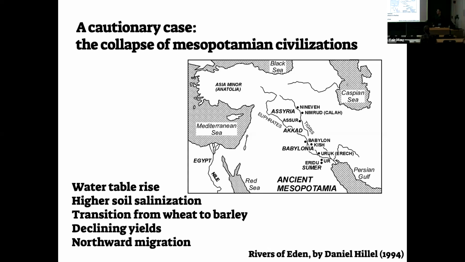Over time, the water table where they conducted agriculture rose, and it brought salt from the groundwater to the root zones of the plants. So it increased soil salinization.